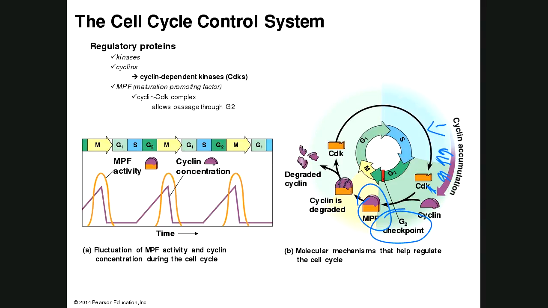And when the cyclin is broken down, it disconnects from the CDK, and we're back to the beginning again. So the cyclin concentration in the purple in the chart goes up and then drops, stays very low for a while, then starts accumulating. The MPF concentration, of course, increases as the cyclin concentration does.